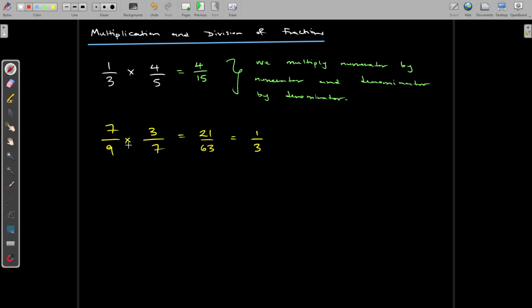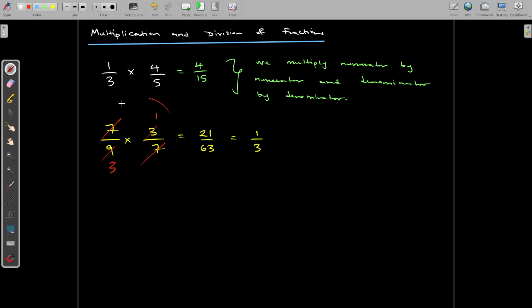So the idea behind these types of multiplication is that when looking at the original question, we notice that some of these share common factors. For example, 7 and 7 here, those can be cancelled. Then we have 3 and 9. 3 into itself 1 time, 3 into 9 3 times.